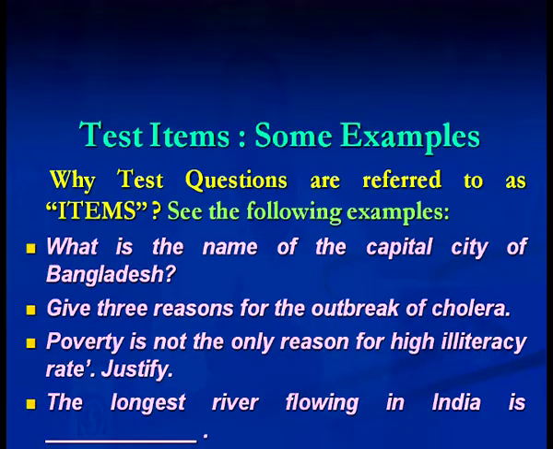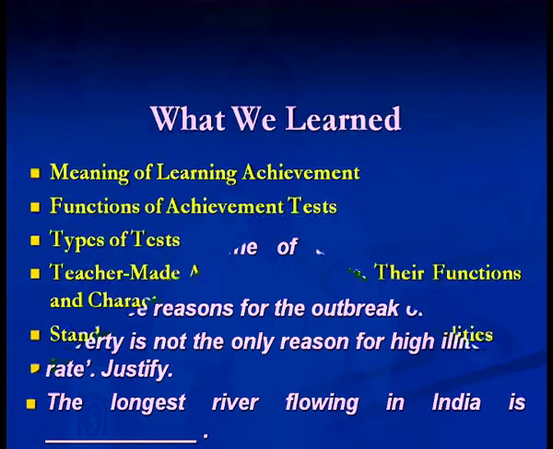That means all these 4 examples are in different forms, either in question form, in affirmative form, in negative sentence form, or in completion form. And all are not in question form. That's why we refer to test questions as test items. We say them as items and not as questions, because every question cannot be put in the form of a question. So these are known as test items.